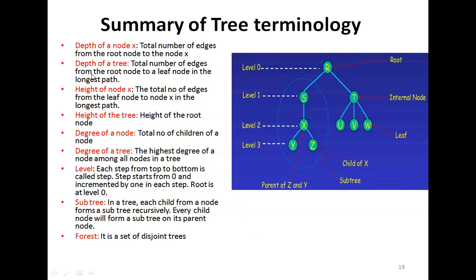And depth of a node, depth of a tree, height of a node, height of a tree we discussed, degree of node, degree of tree we discussed, level we discussed, subtree we discussed, and forest also we discussed. So this is all about the tree terminology.